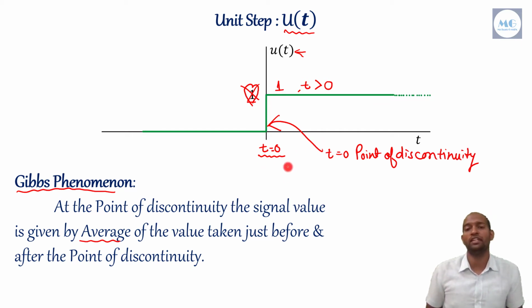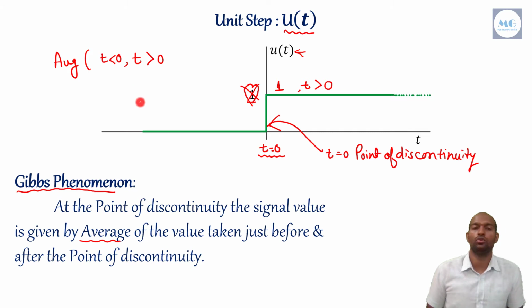At this point, we require the value of this signal at the point of discontinuity, that is t equal to 0, which is given by the average of the values taken just before and after the point of discontinuity. Just before is for t less than 0 and just after is for t greater than 0.